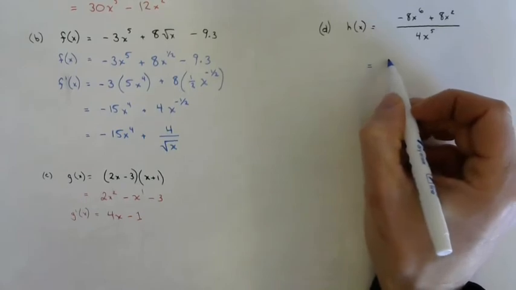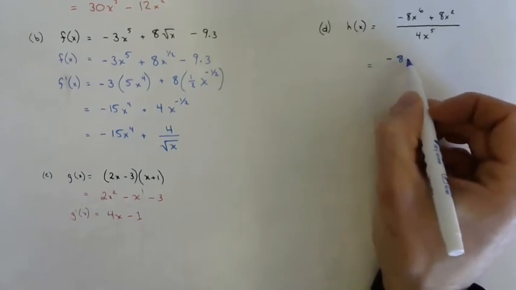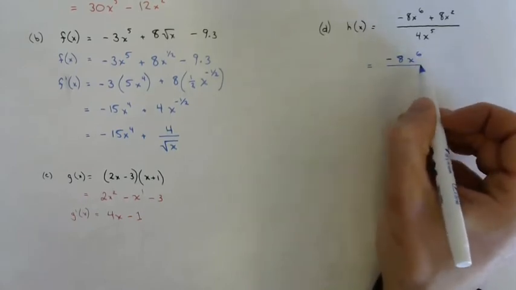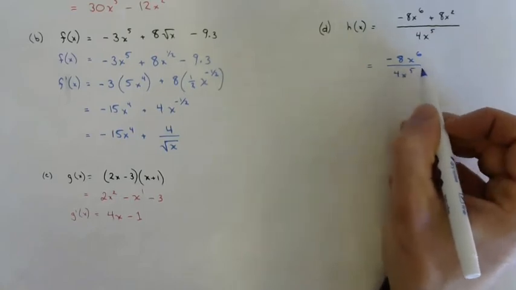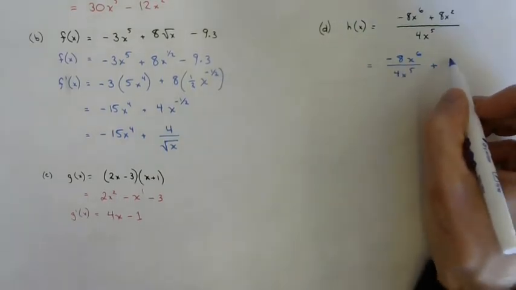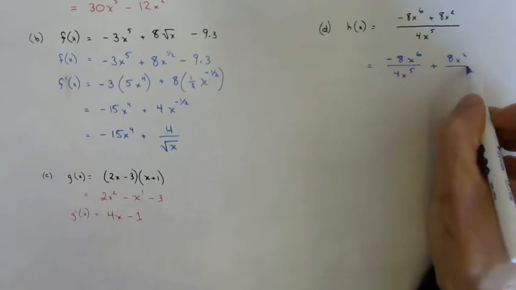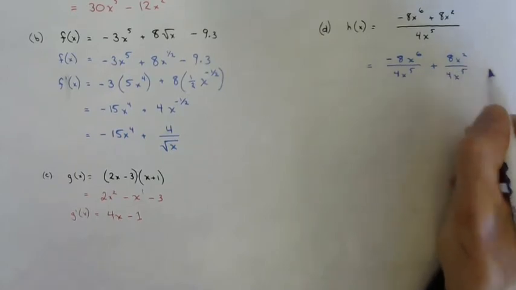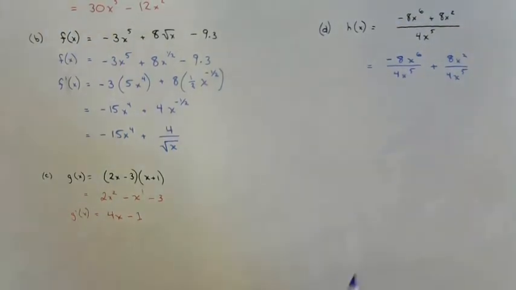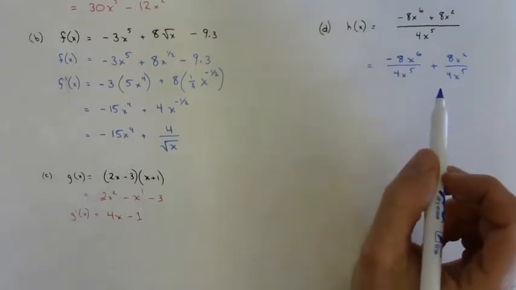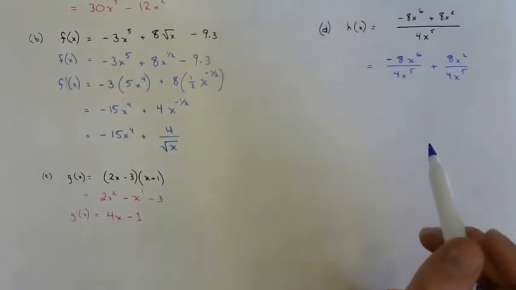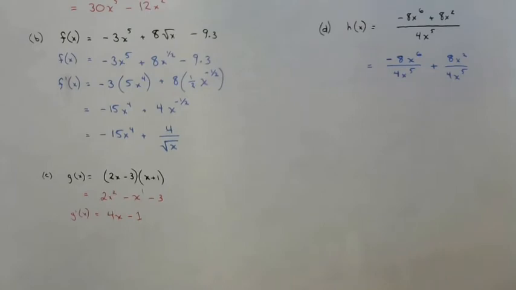So we can rewrite this. In the numerator, negative 8x to the power of 6 over 4x to the power of 5 plus 8x squared over 4x to the power of 5. Okay, now we can simplify this before trying to find the derivative. Can we factor 4x to the 5 out of the 2 terms on top?